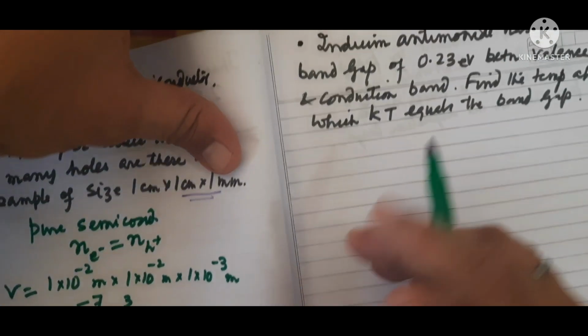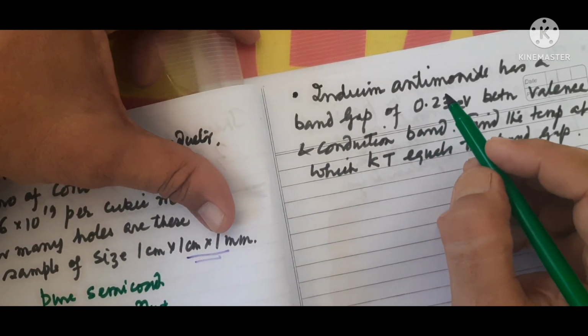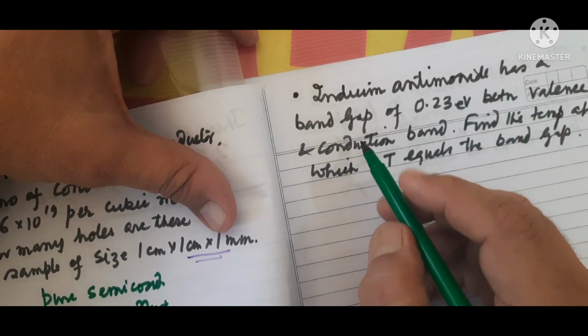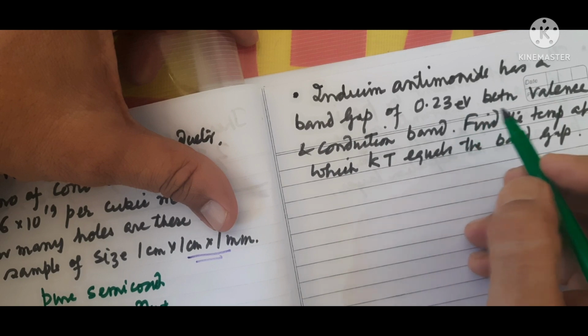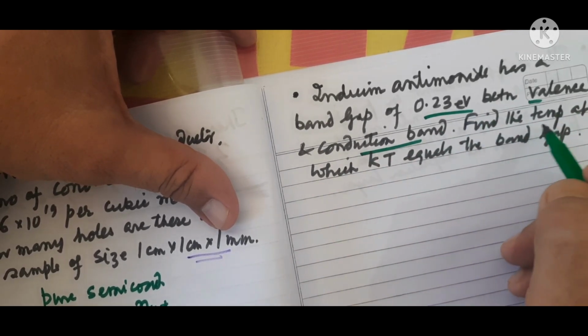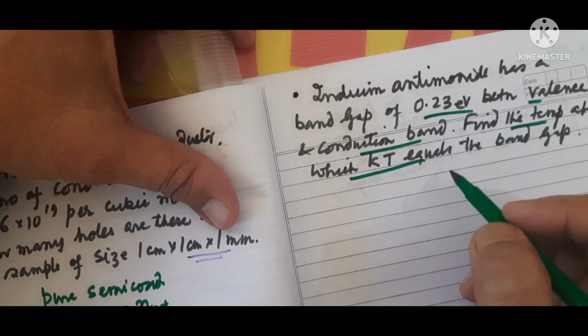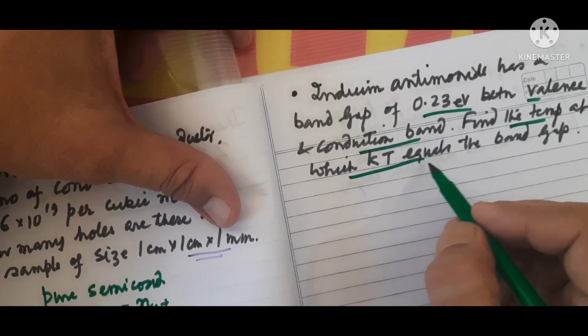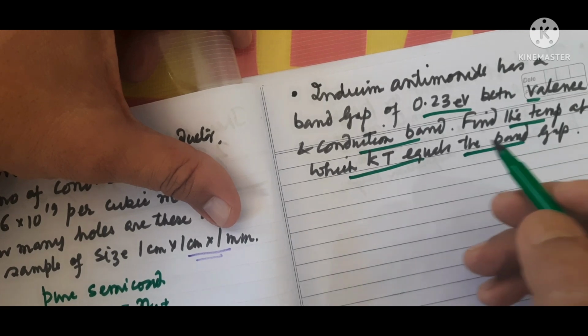Another question: indium antimonide has a band gap of 0.23 electron volt between valence and conduction band. Find the temperature at which KT, Boltzmann constant into absolute temperature, equals the band gap.